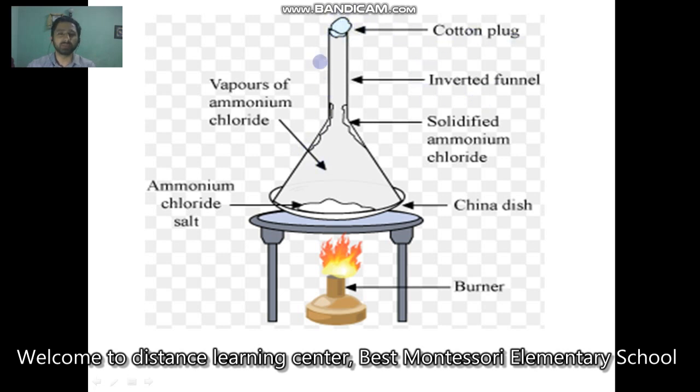Now when we give heat, the ammonium chloride, which is solid in the mixture, directly changes into vapor. Since the cotton is wet, after some time, when the vapor reaches the top of the inverted funnel, it condenses to form a solid, and these solids get attached at the upper part of the inverted funnel. Now the residue remains here. Ammonium chloride is at the top part. That means the mixture is separated.